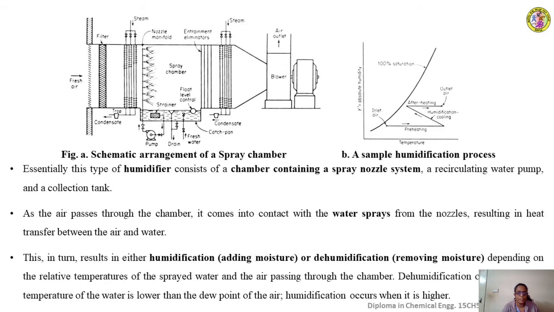The main part of a spray chamber is a large chamber where the sprays of water are arranged by means of nozzles. When air passes through such a chamber, it comes in contact with the water sprays, resulting in simultaneous heat transfer and mass transfer, whereby the air either gets humidified or dehumidified.